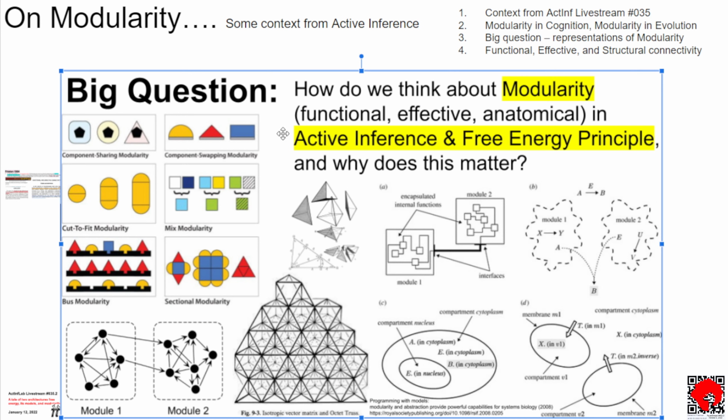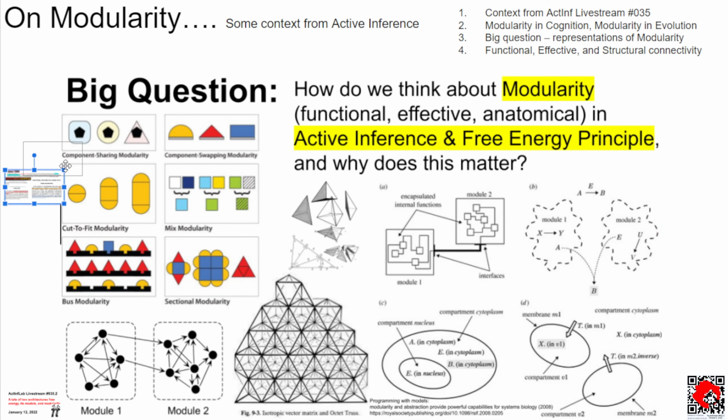The big question in that paper was, how do we think about modularity of multiple different kinds, functional, effective, and anatomical in active inference and the free energy principle in that case, and why does this matter? And here were a few different visualizations and images that had to do with different ways that modularity had been used and was being used in different domains.